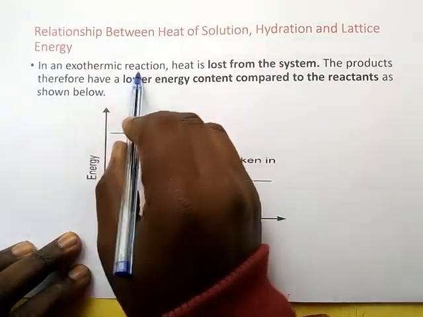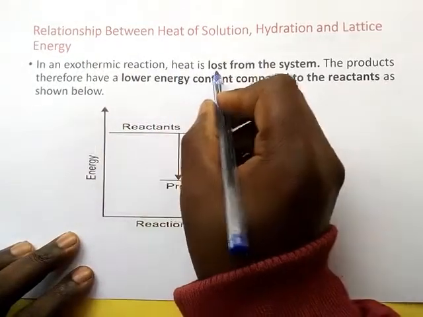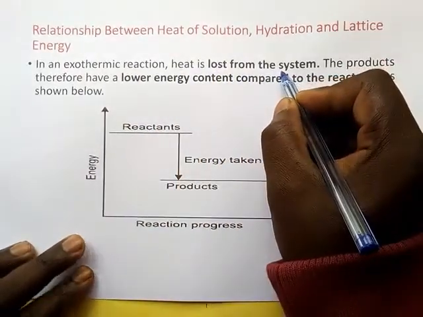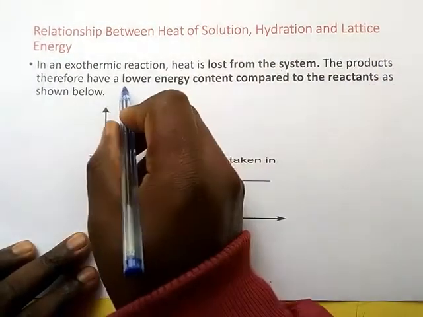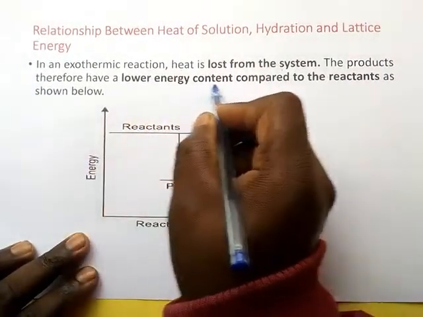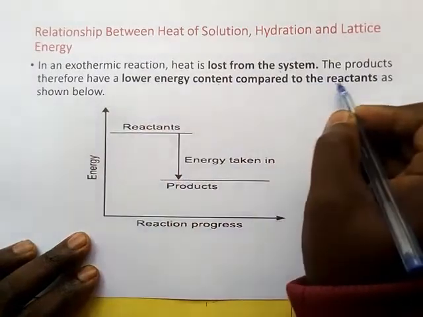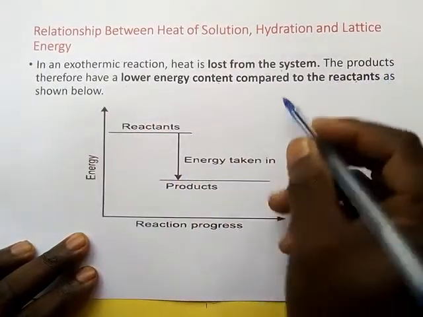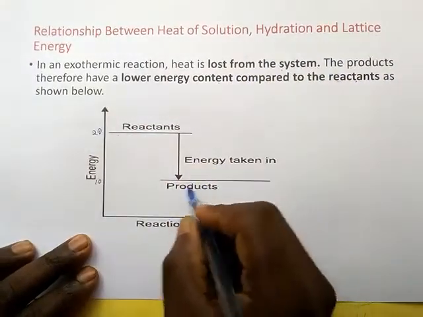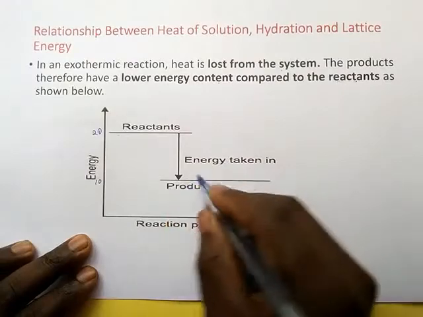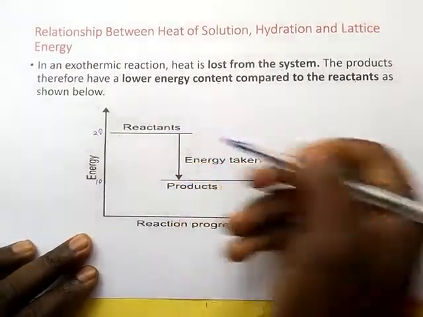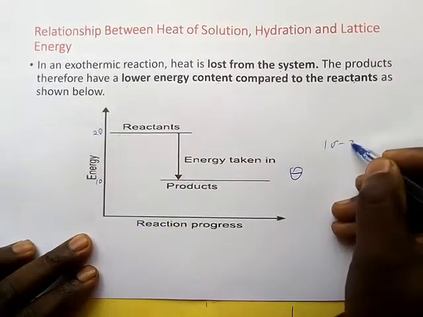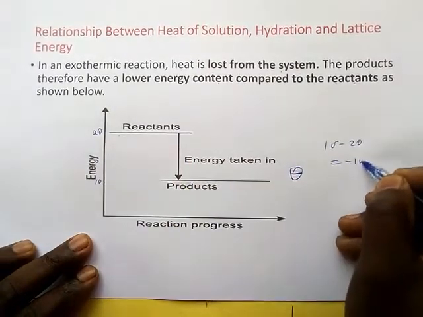In an exothermic reaction, heat is lost from the system. I know you know that. The products therefore have lower energy content compared to reactants. Very important. So this will help us to know that the overall energy change in an exothermic reaction is negative, because when you take the products minus the reactants, it is 10 minus 20, and the answer is going to be negative 10.